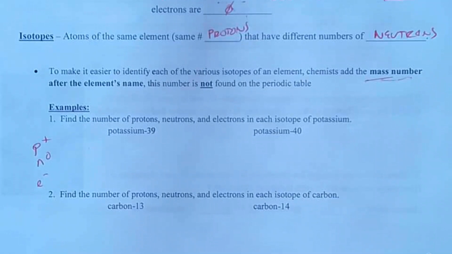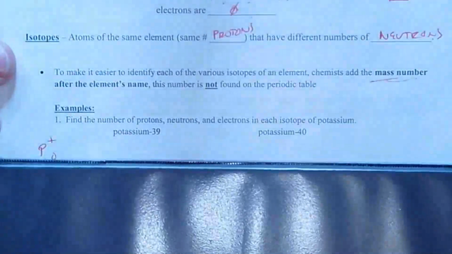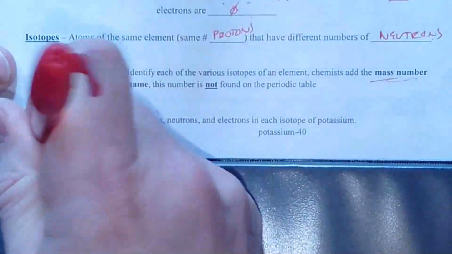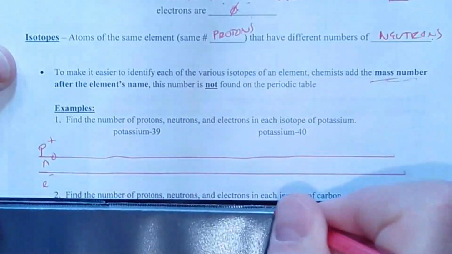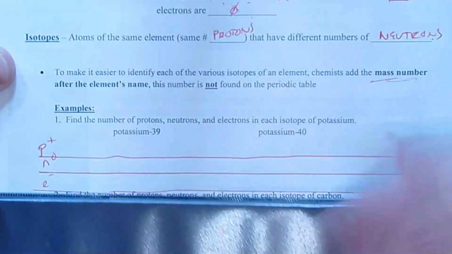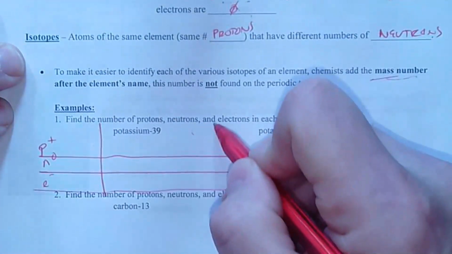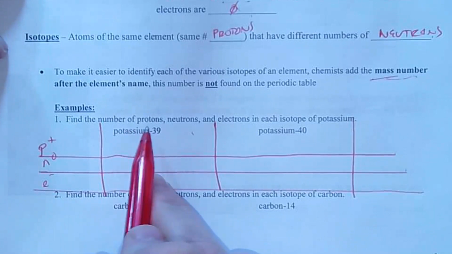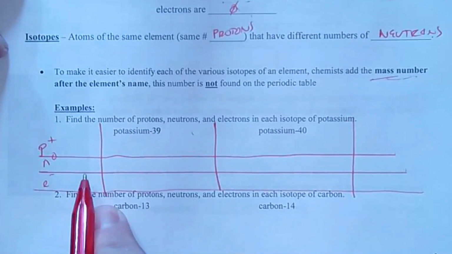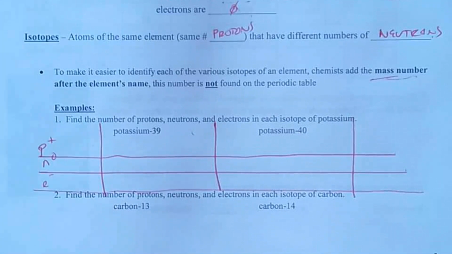Looks like I'm not finding a ruler handy, so I will use the next best thing. I'll use my binder as a straight edge just to make a quick table. So if I want to find the number of protons, neutrons, electrons in each isotope of potassium, I need to have access to a periodic table.